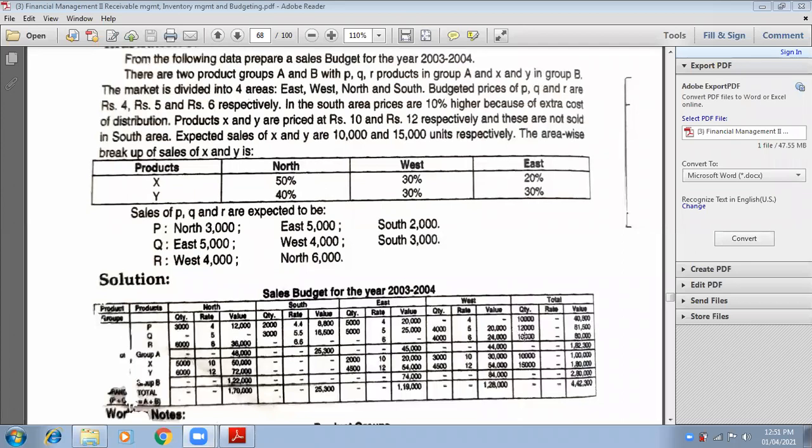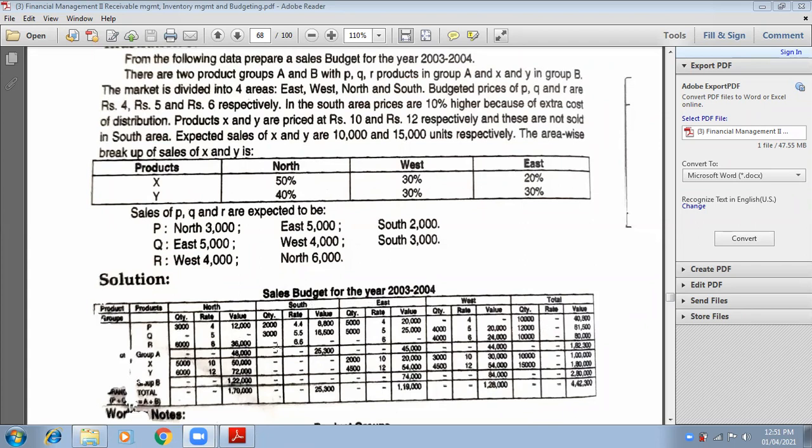Now get me the total of Q and R. We have not done the total of the Q column. So for the Q column total, first quantity has to be added. Look at Q. South 3,000, east 5,000, west 8,000. So what is the total quantity? 12,000.